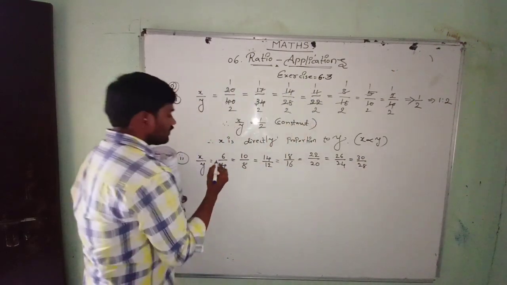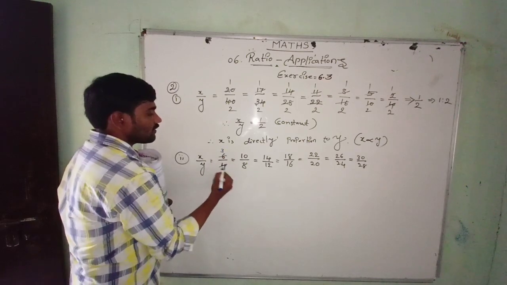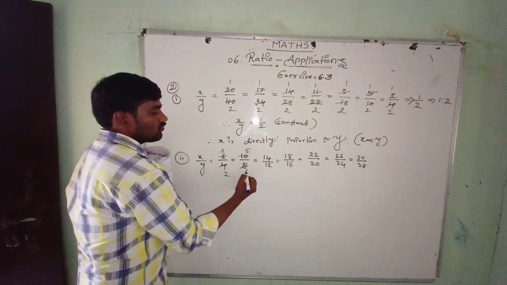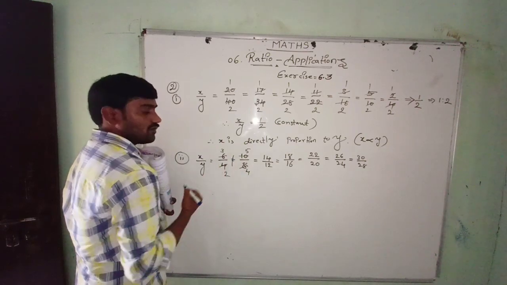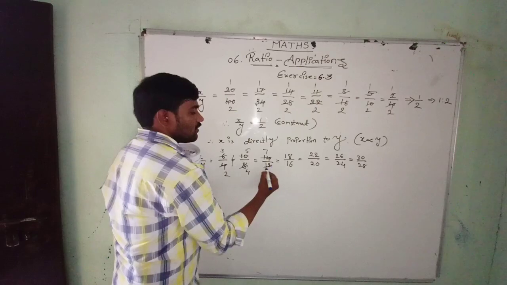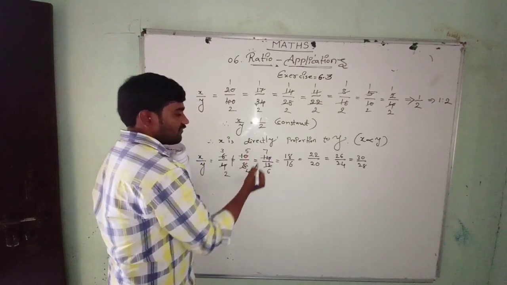So the 2 3s are, 2 2s are, 2 5s are, 2 4s are. You want equal or not equal. Okay. Now 2 7s are, 2 6s are, again 7 by 6, 5 by 4, 7 by 6.